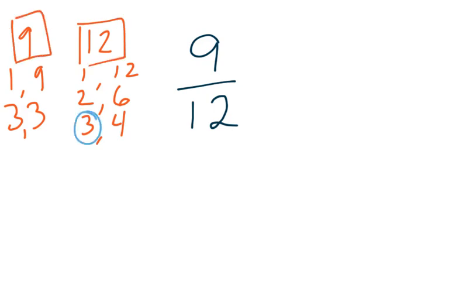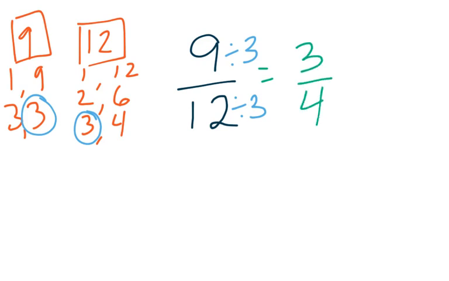The number 3. Which means I can divide 9 and 12 by 3. Remember, just like when we did our equivalent fractions, when we're simplifying fractions, whatever we do to the numerator, we have to do to the denominator. So I'm going to divide by 3. And when I do that, I get 3/4.